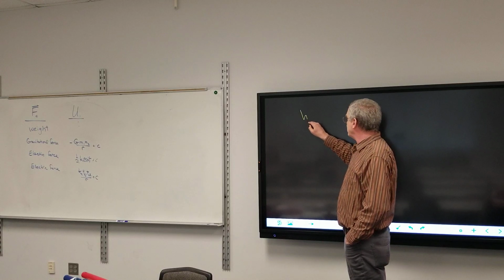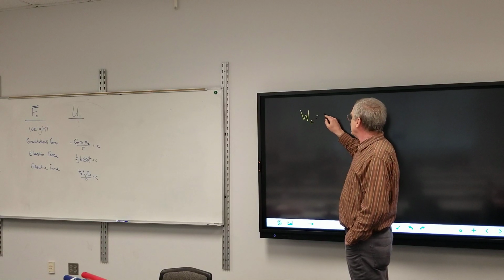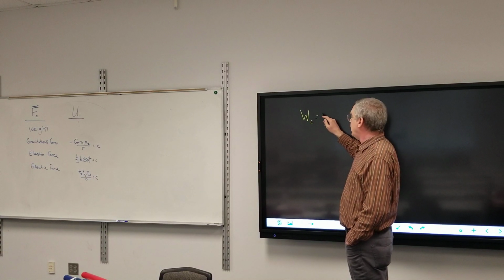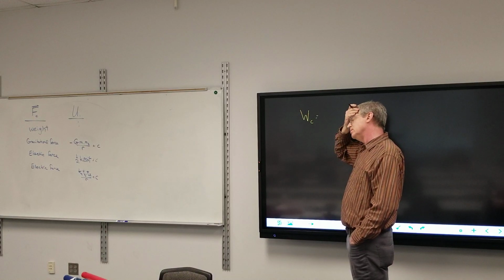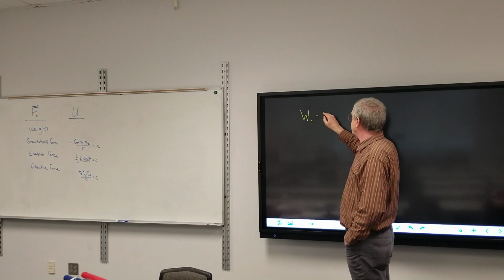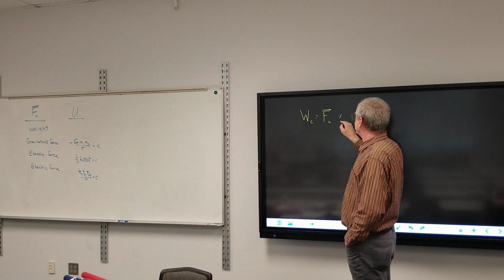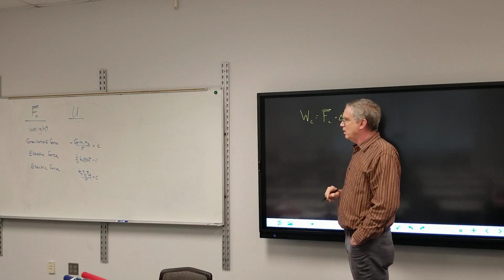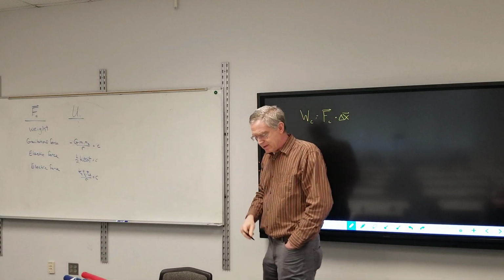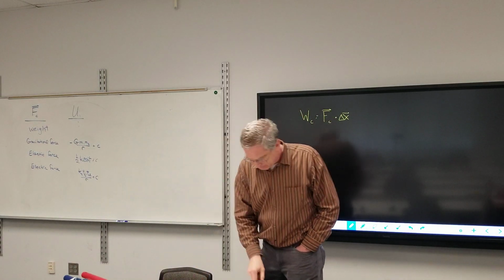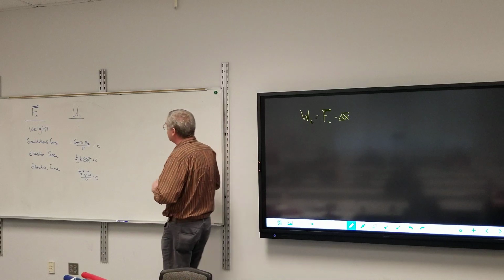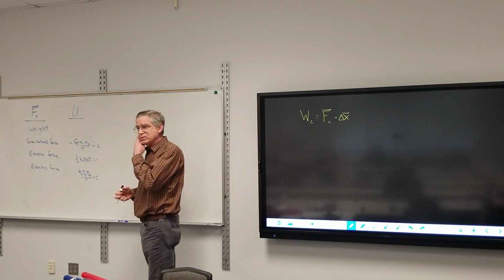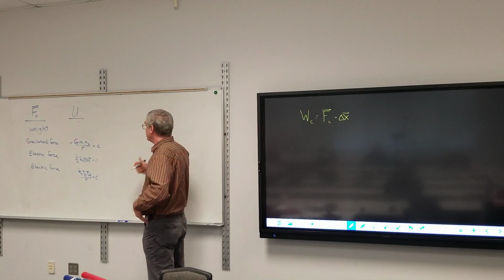I know that the conservative work is equal to, something I hadn't arrived at, is equal to the conservative force times the displacement. There's one other thing that I did jump over. So, jumping back just a little bit.